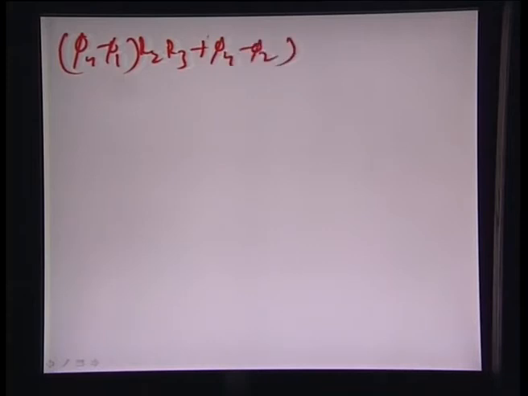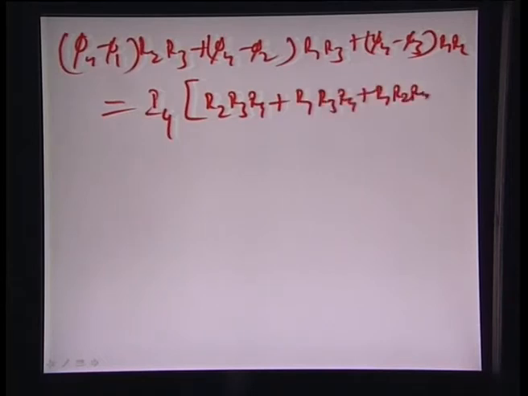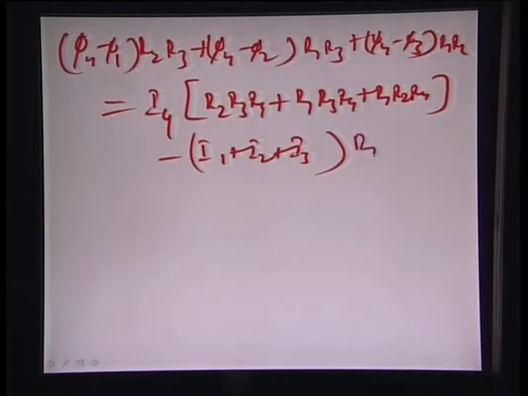So we have phi 4 minus phi 1 times R2 R3, plus phi 4 minus phi 2 times R1 R3, plus phi 4 minus phi 3 times R1 R2, which is equal to I4 times (R2 R3 R4 plus R1 R3 R4 plus R1 R2 R4) minus (I1 plus I2 plus I3), this whole term in a bracket, times R1 R2 R3.